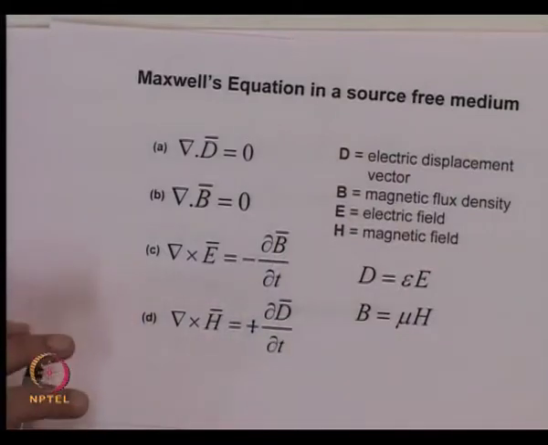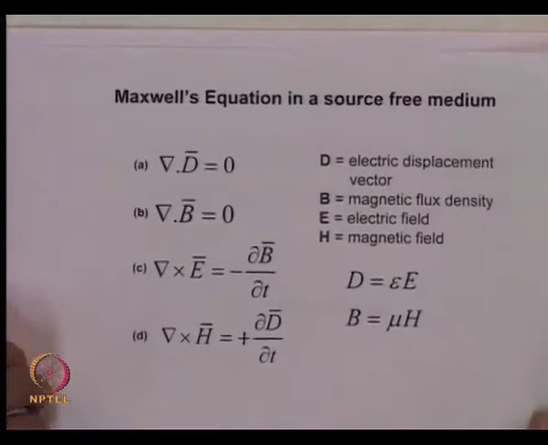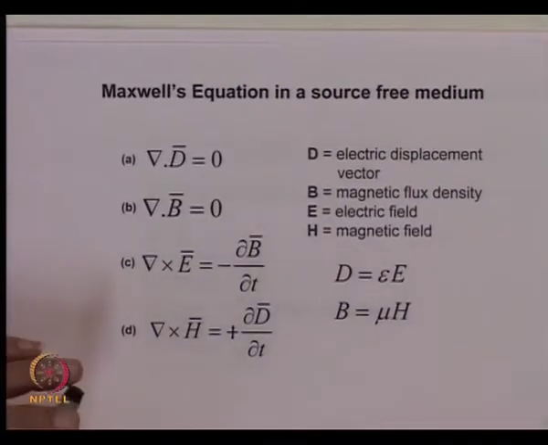However, what we would notice is that we have these 4 Maxwell's equations which are relating the electric and magnetic fields. What that means is that all 6 components of electric and magnetic fields are not independent.